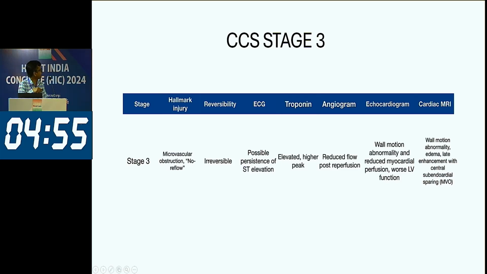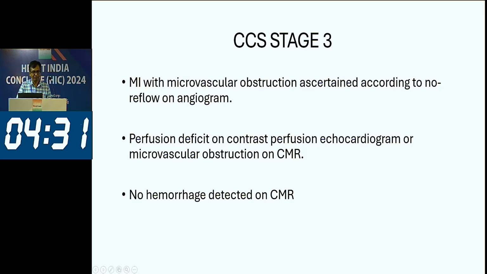This stage is also irreversible, there will be persistent ST elevation and reduced flow post perfusion, and with the help of contrast echo or cardiac MRI, we can quantify the microvascular damage.